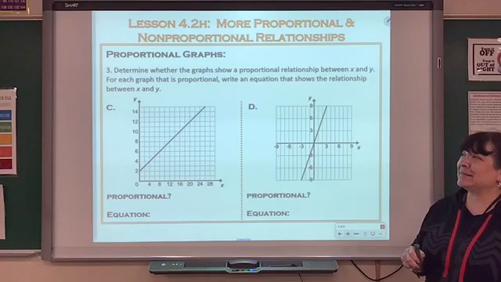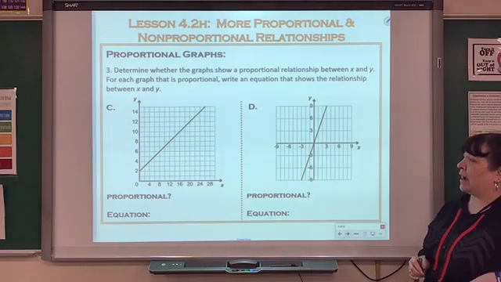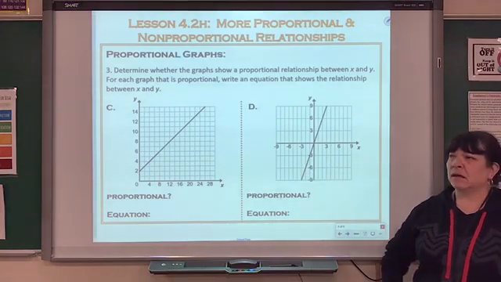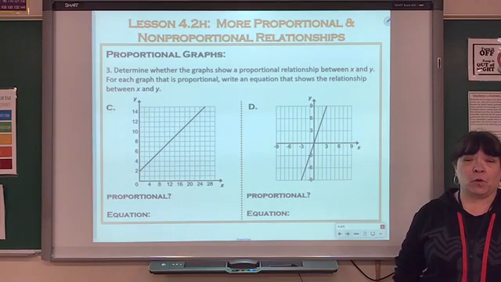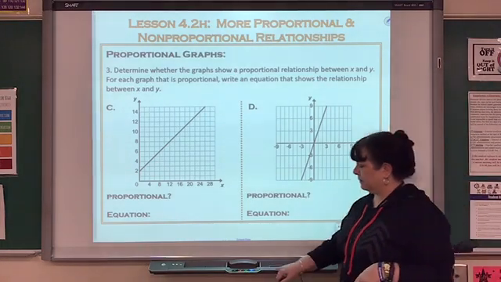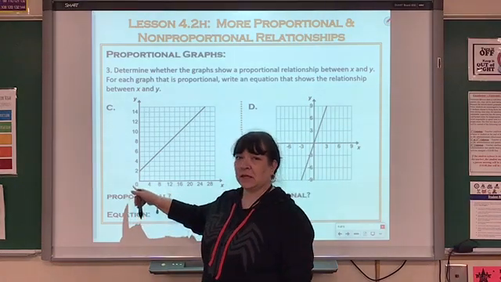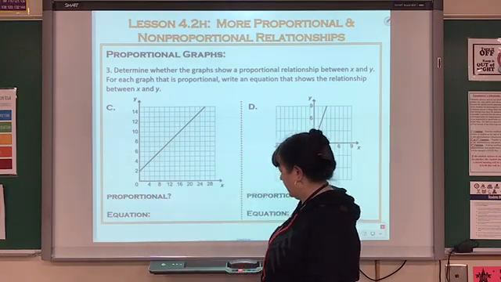Alrighty, let's take a look at 2 more graphs. As I look at these 2 graphs, first of all, looking at C, it is in a straight line, and that's what I want. The only problem is it doesn't start at the origin. The origin is not there.